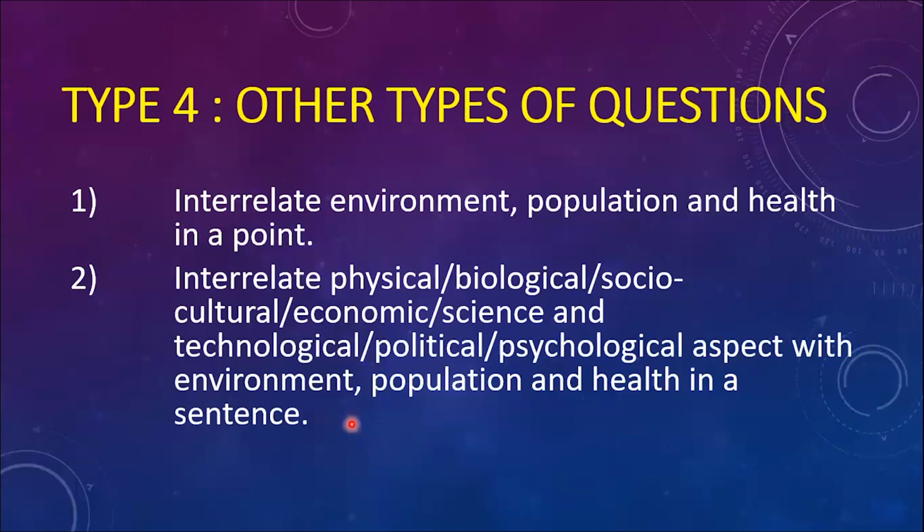So you have to interrelate physical aspect with health, population and environment in a sentence. You have to interrelate biological aspect with health, population and environment in one sentence, and other aspects also same. You have to interrelate all the aspects with health, population and environment in one sentence.